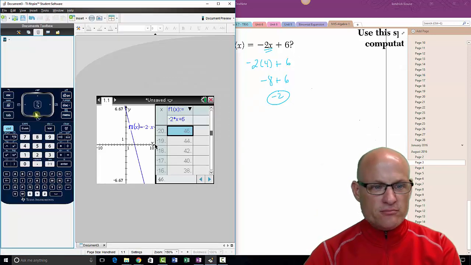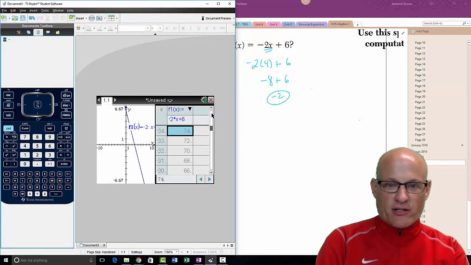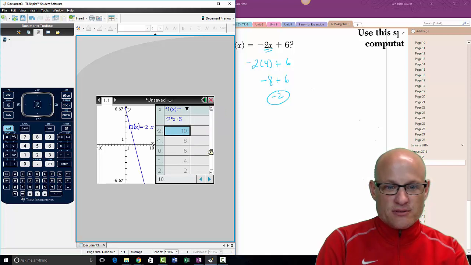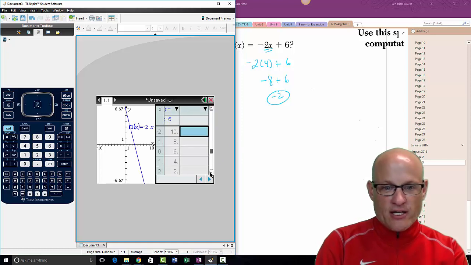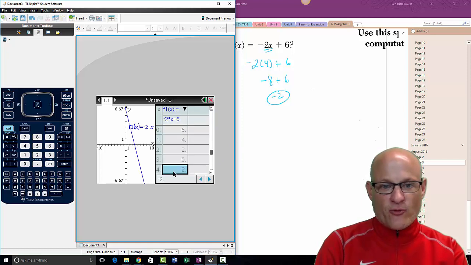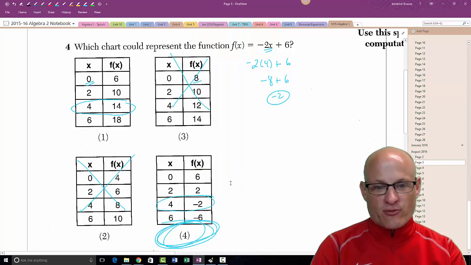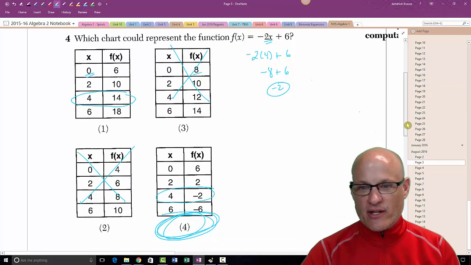Yep, 2, 2. Oh, here we go. Sometimes my calculator does this. Come on, stop. Escape. Oh my gosh, I don't know why it insists on doing that. There's 2, 2. There's 4, -2. And there's 6, -6. And that's the one that's right here, choice 4. So that's the way I would have done that one. Two ways.